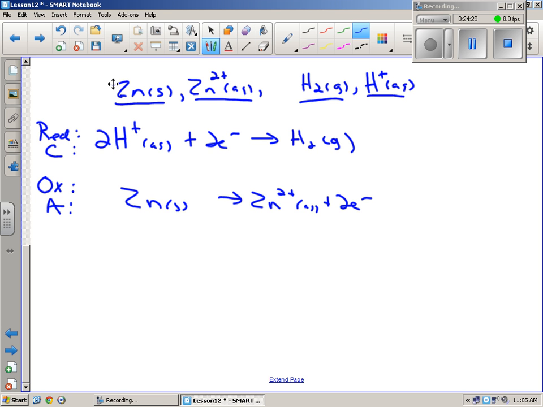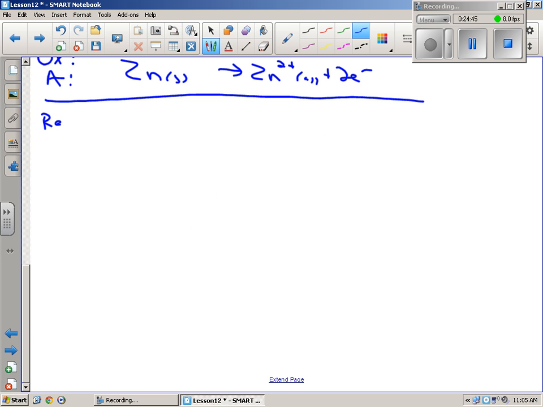So the OA has to be higher than the RA. So we have to make sure we understand that and keep that in our minds, okay? This is higher, top left, than this is, right? Spontaneous.